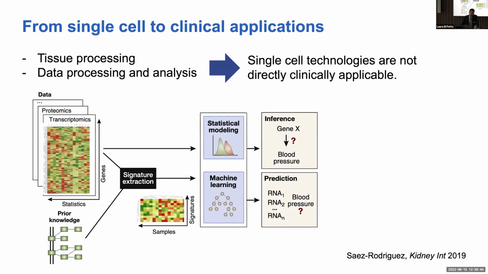So one approach that could be used to make use of this information is to take the information you get from a limited number of patients you can analyze with this technology, and then, based on this prior knowledge, develop some computational tools based on statistical modeling or more advanced artificial intelligence-based tools, and use this information in the context of patients or patient cohorts.